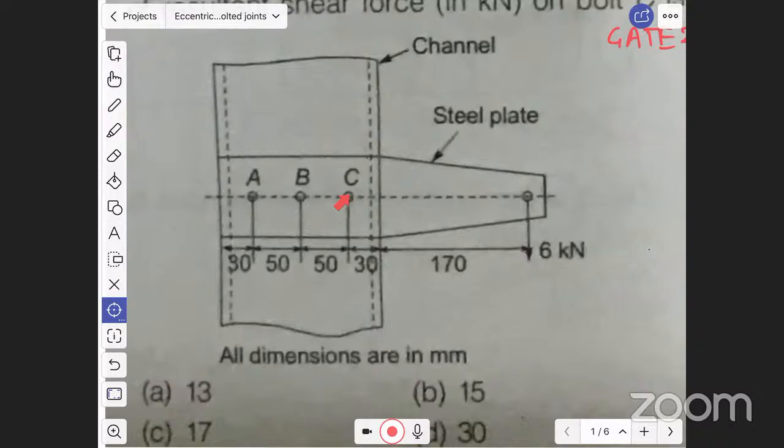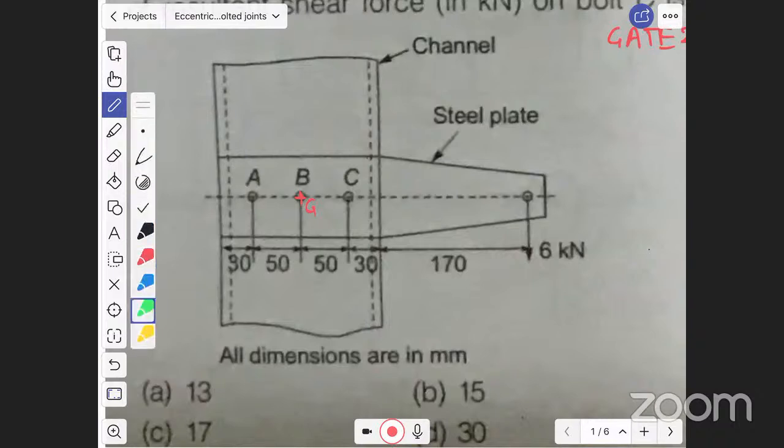Because this type of question has come many times in GATE. Look, now for these bolts A, B, C, can you say that the centroid will be at location B? The centroid of bolts A, B, C will be at B location. That is, point G will be at B location. Therefore, the distance of point A from B is RA.